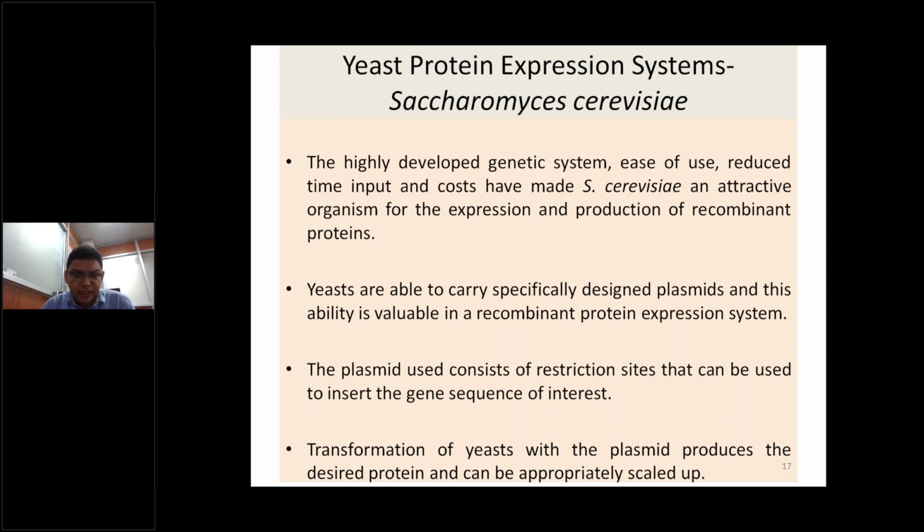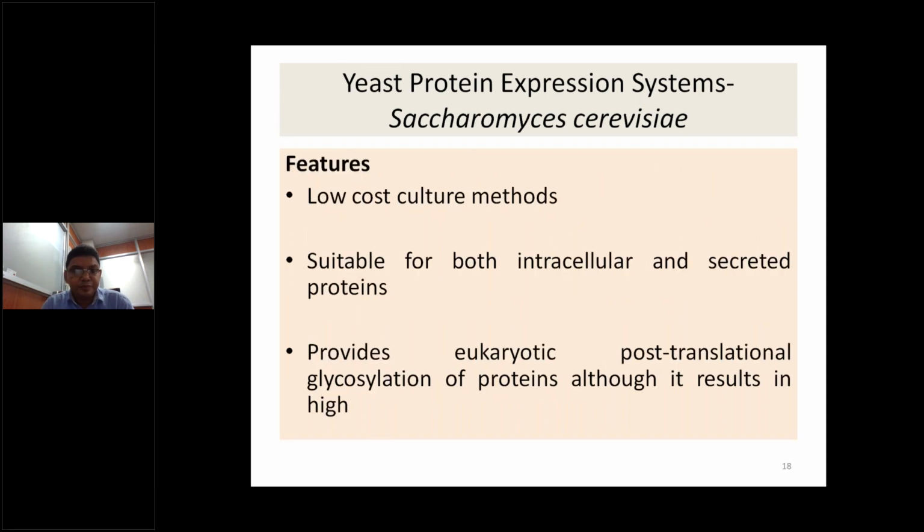Yeasts are able to carry specifically designed plasmids, and this ability is valuable in a protein expression system. The plasmid has a size that can be used to insert the gene of interest, which is common in every expression system. Transformation of yeast with the plasmid produces the desired protein and can be appropriately scaled up.